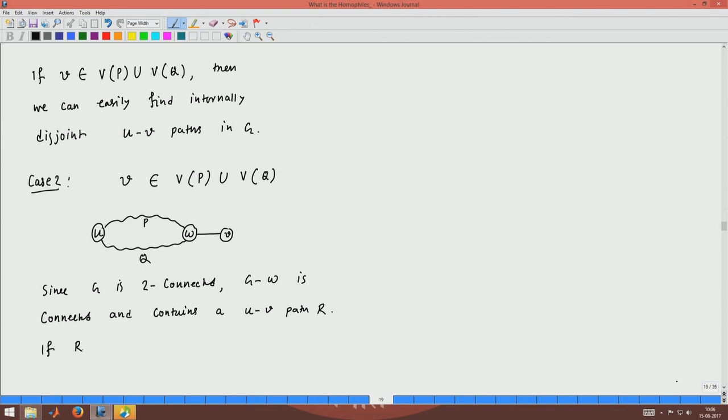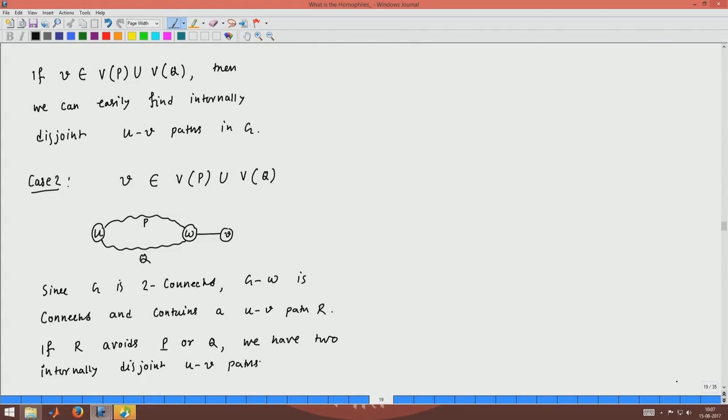If R avoids P or Q, we have two internally disjoint UV paths.